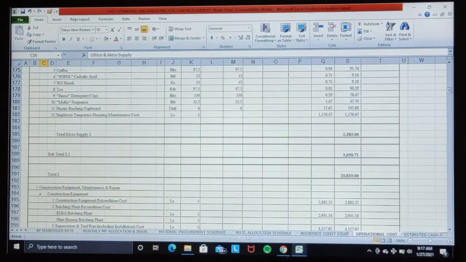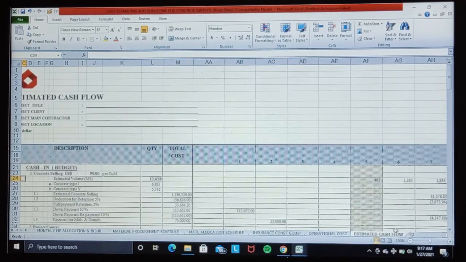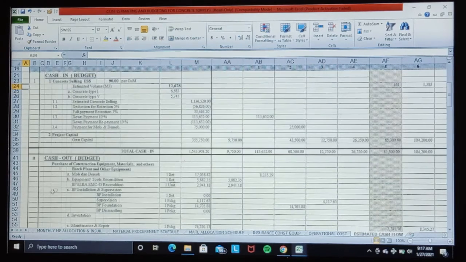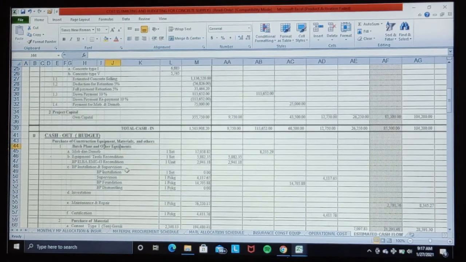Furthermore, the most important part of this program is the estimated cash flow. Okay, which compiles the cash outflow here, which is allocating all the costs required to run the project as per project schedule.